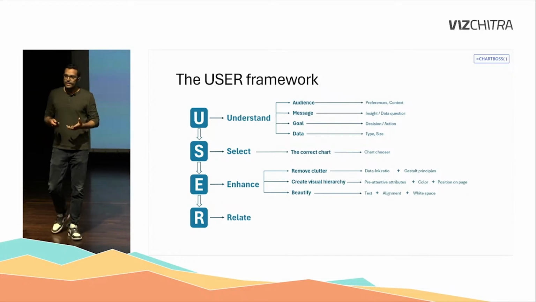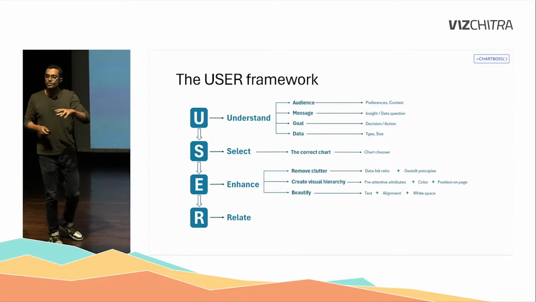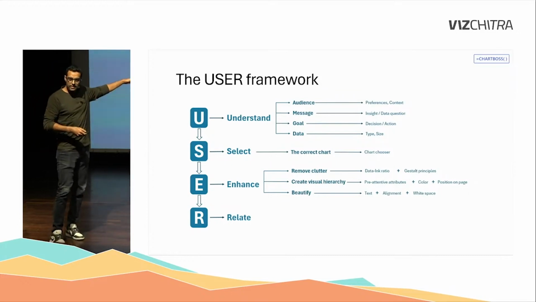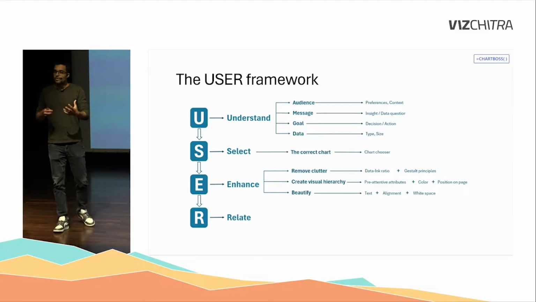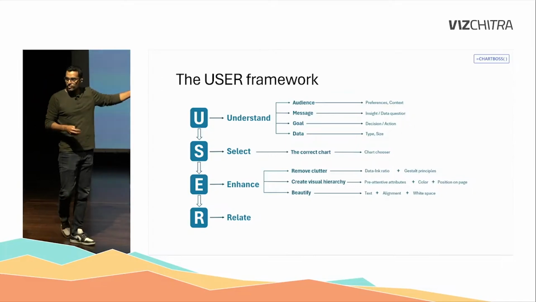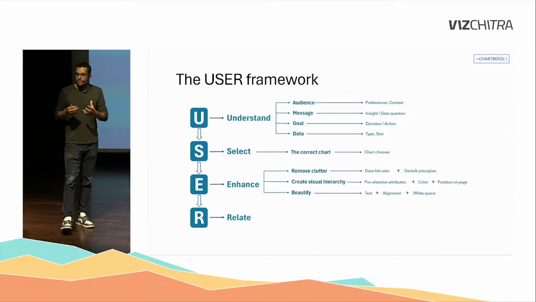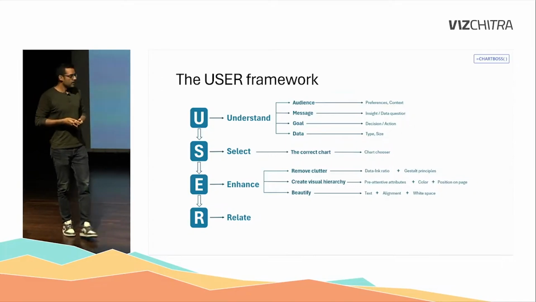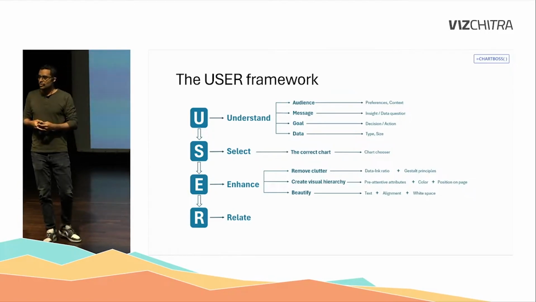Next is the enhance part. And here you will see a lot of things that a lot of the experts earlier today spoke about, right? The first thing is to reduce clutter. And there you see the Gestalt principles as one of the tools in your toolkit, right? Next, you want to create a clear visual hierarchy.